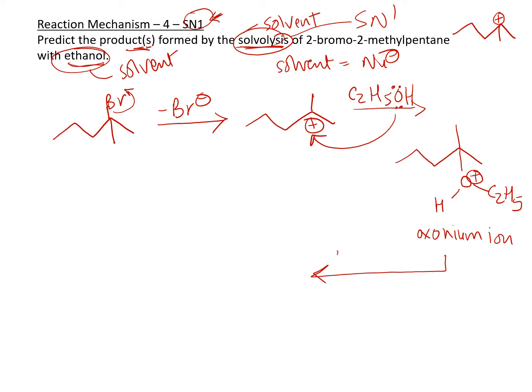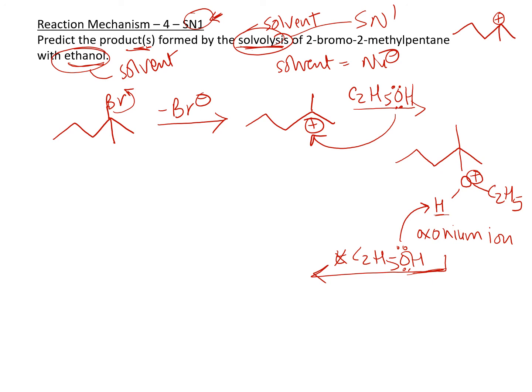So what do I do? I bring in another ethanol molecule, and that other ethanol molecule is going to pick up a proton. Picking up a proton is an acid-base reaction. In this case, my ethanol is a strong enough base to pick up this proton, because it's an oxonium ion that I'm taking the proton from, so it's easy enough to do.